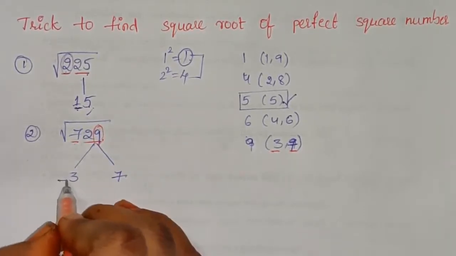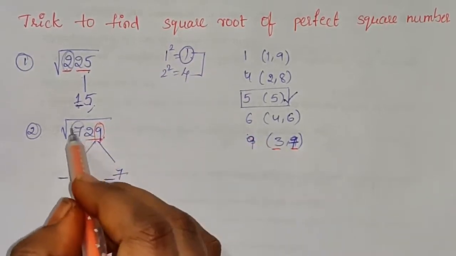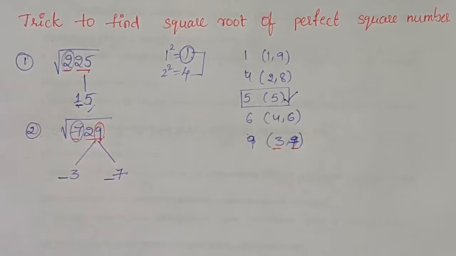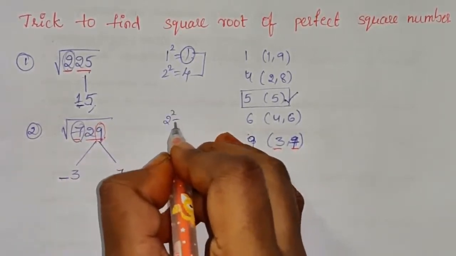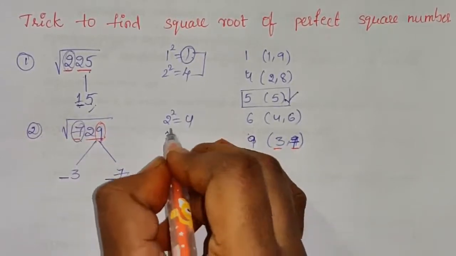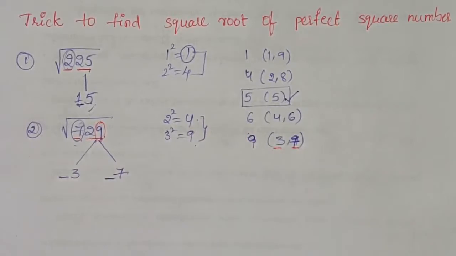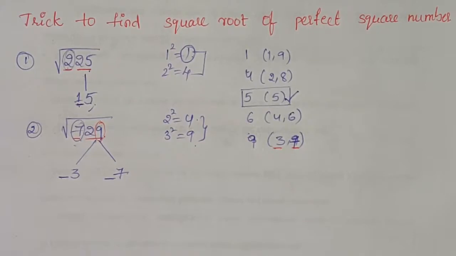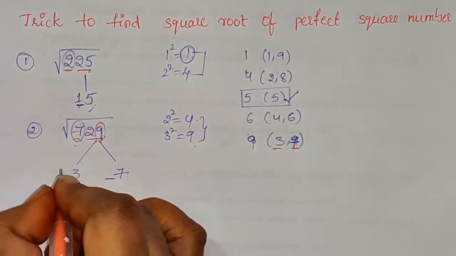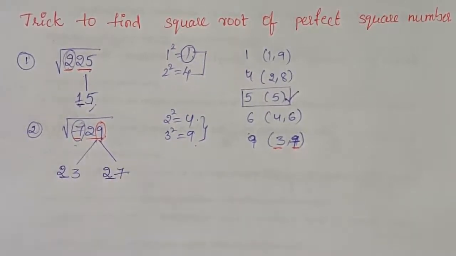So to find the other digit, you need to check again in the same way. Here we are having the 7. So this 7 is lying in between 2 square is 4 and 3 square is 9. 7 is lying in between 4 and 9. So always we'll prefer the smallest one, I said already. So it may be 23 or 27.